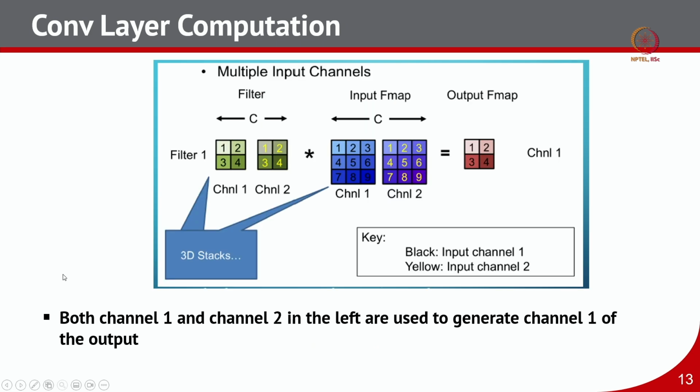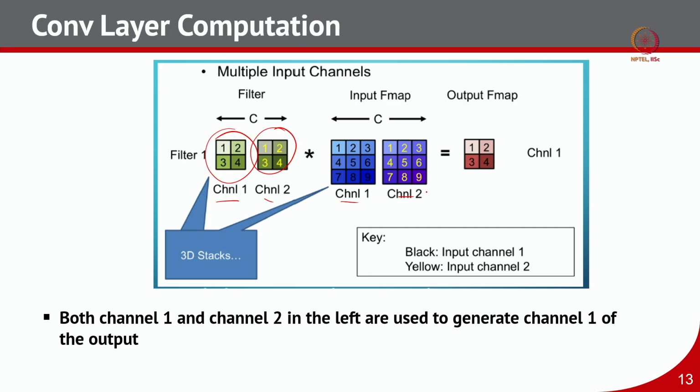Now, as I was saying, remember we do not have one single channel of the input feature map as well as the kernel, right. We have multiple channels, correct. So, in this case you can see that we have this 1 2 3 4 of channel 1, and then we have to have the same dimension of the kernel for channel 2 also. Now, why do we have 2 channels in the kernel? Because we have 2 channels in the input feature map.